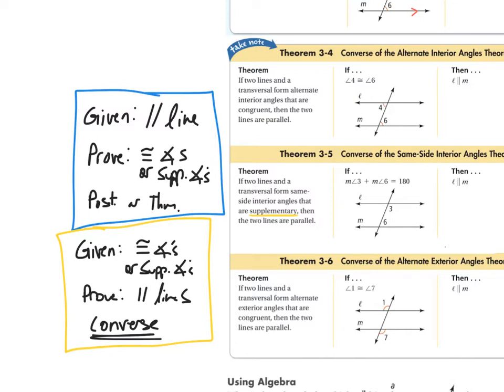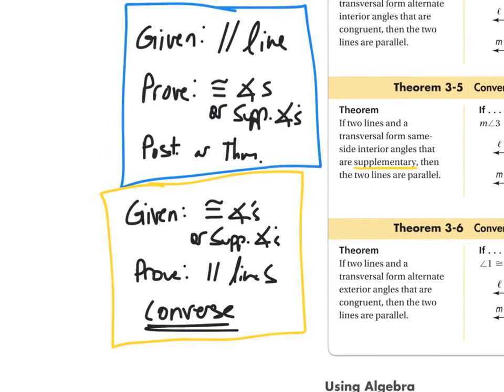Okay? That's when you use the converse, when you are trying to prove the lines are parallel. If you're given the lines are parallel, that's just those straight postulates or theorems from the last 2 days. Okay? So please keep that in mind.